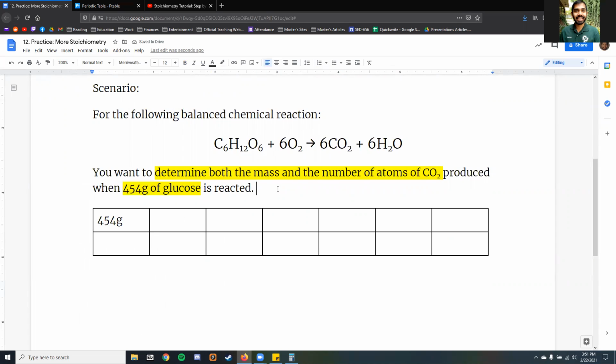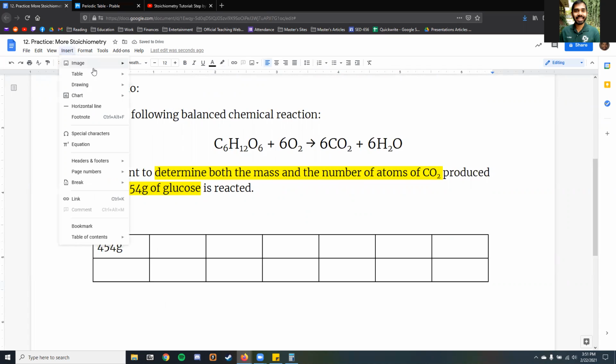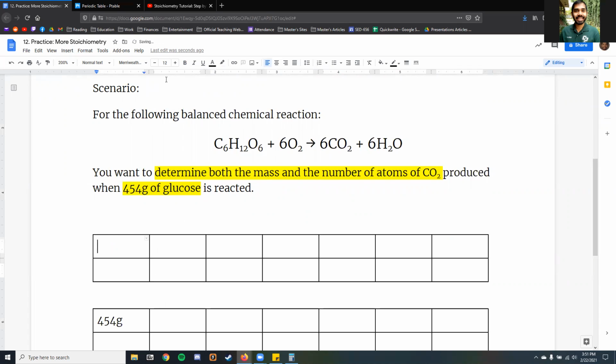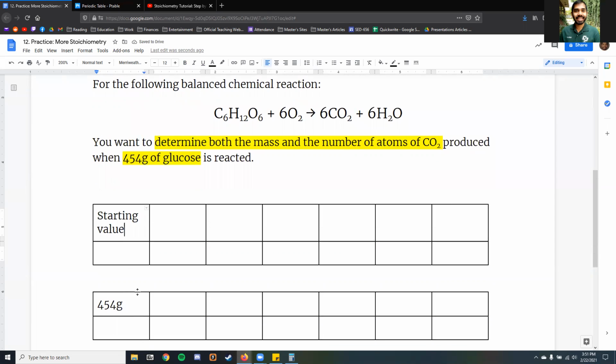Let's go ahead and insert 2 tables, 7 by 2. In the first box, we want to put in what we have, our starting amount. In this case, it's our 454 value. Our starting value is in grams, and so this is a mass.